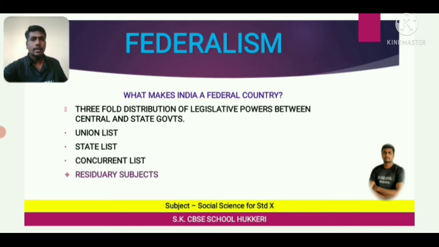Delhi is a union territory, Lakshadweep, Andaman Nicobar, Chandigarh, Diu Daman together now, and Ladakh as well as Jammu. So these are the important union territories at present.